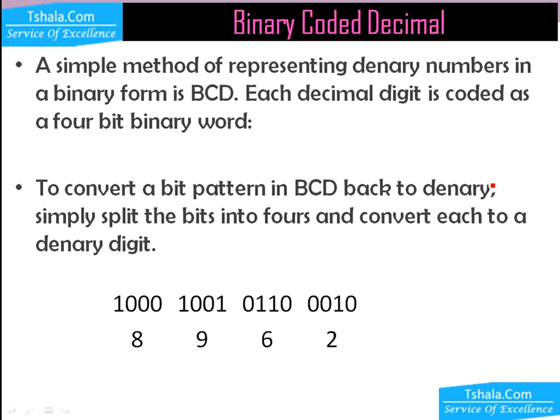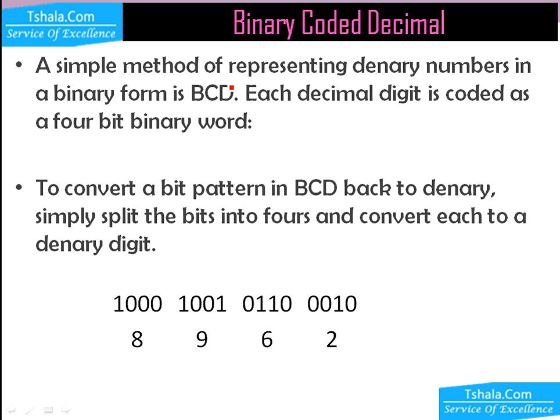To convert a bit pattern in binary coded decimal, what you need to do is to group the bits into four and then convert each to a denary, to a decimal digit, as displayed here. Now this works both ways.